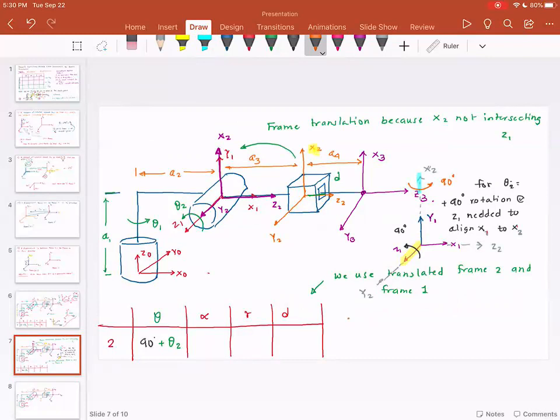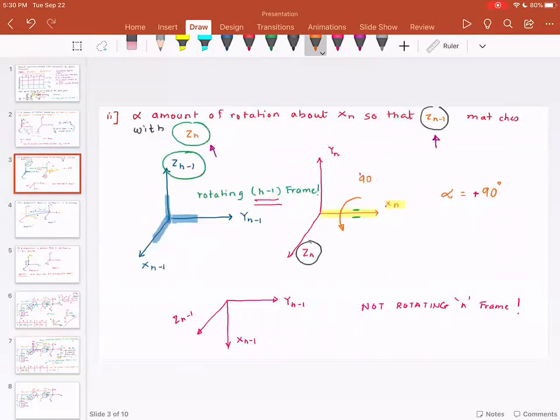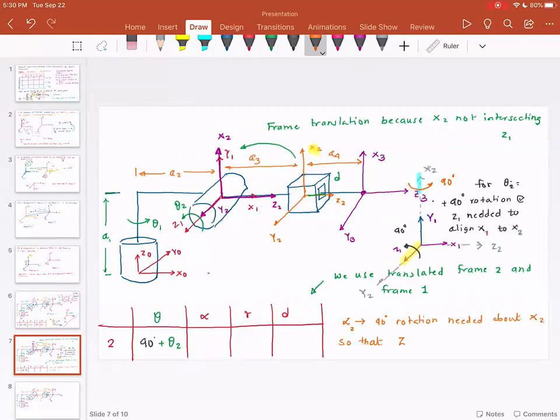So alpha 2 is a 90 degree rotation needed about x2 so that z1 matches with z2. So you have 90 degrees here.